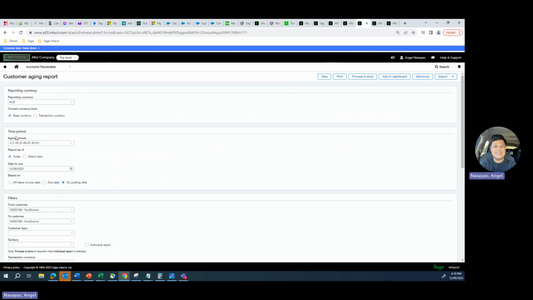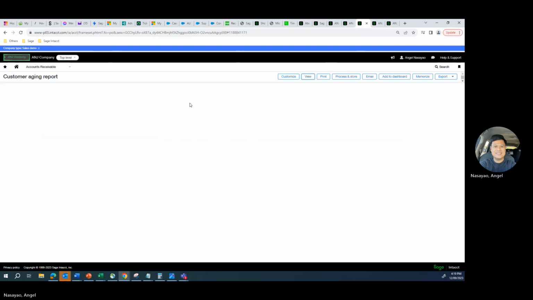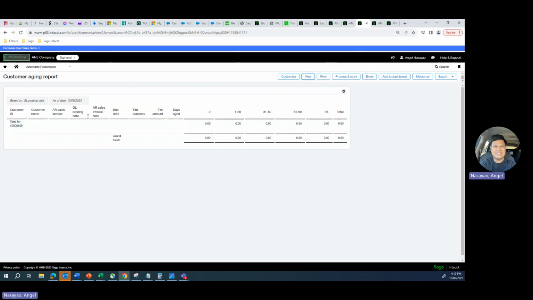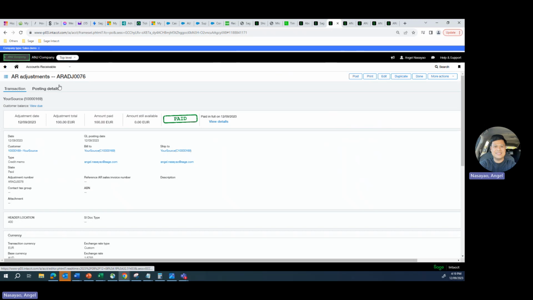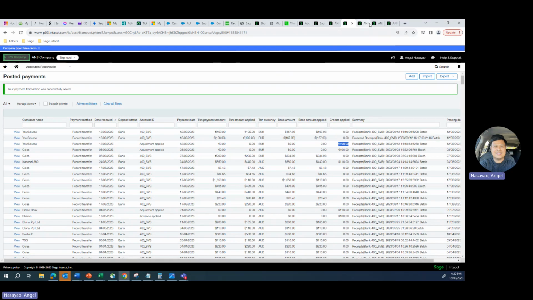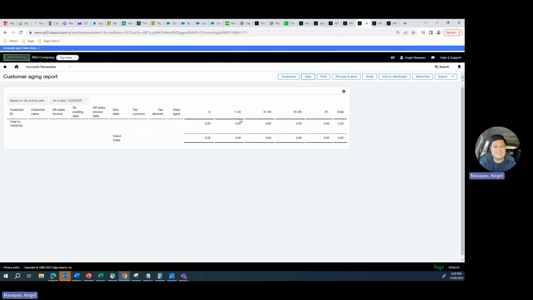As of today, yep, it's already 0 in here. It's all because the status of the adjustment as well as the corresponding invoice should be paid, so nothing is coming up in here.